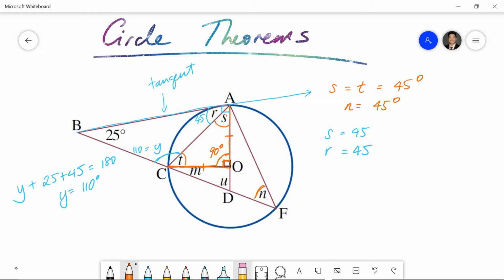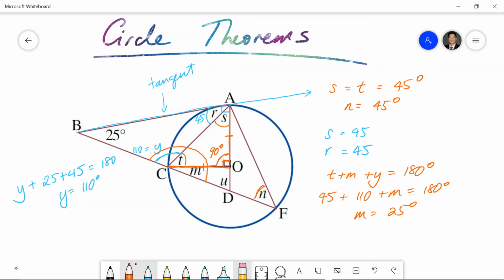Then what we'll have is that angle all the way around to be 180. So we could say that T plus M plus Y is 180 degrees. We know that T is 45. We know that Y is 110. Therefore, M must be 25 degrees, which is what's left over.